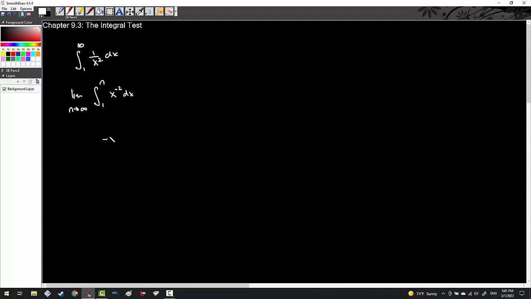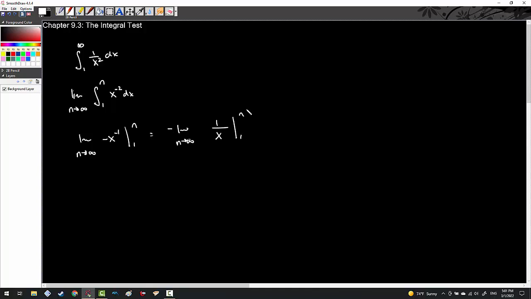So I'm going to get negative x to the negative 1 on the interval from 1 to n, limit as n goes to infinity. This is the limit as n goes to infinity of, actually I'll put the negative all the way on the outside, and I'll go 1 over x on 1 to n.